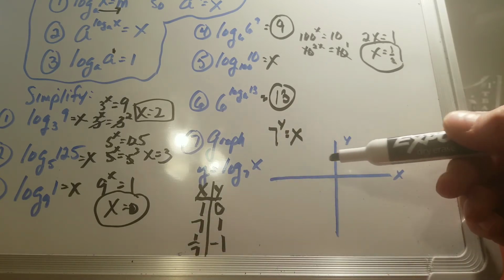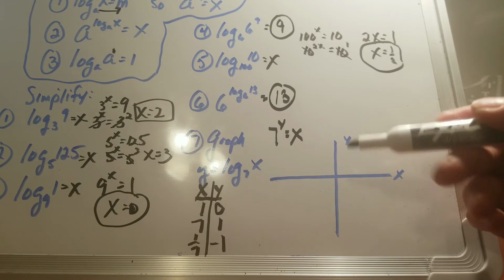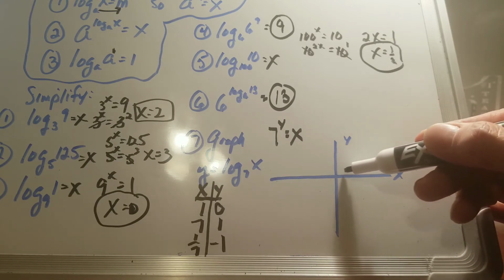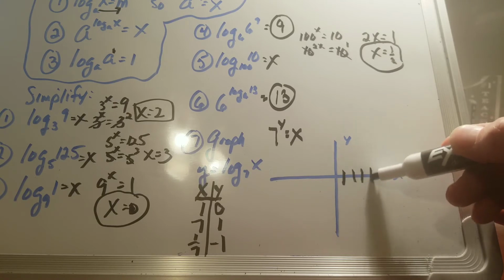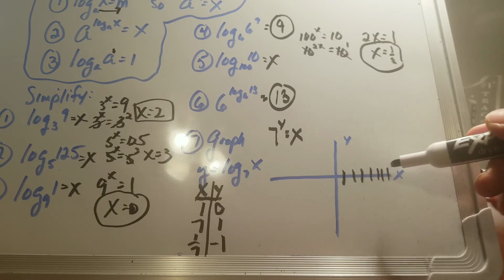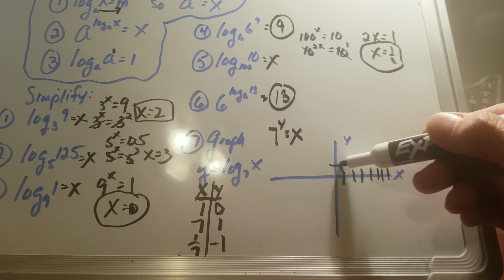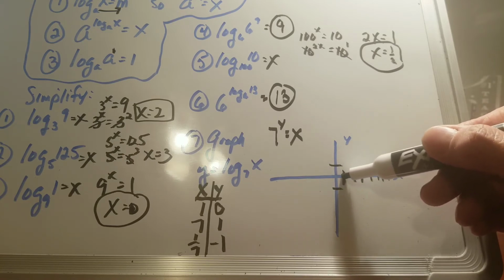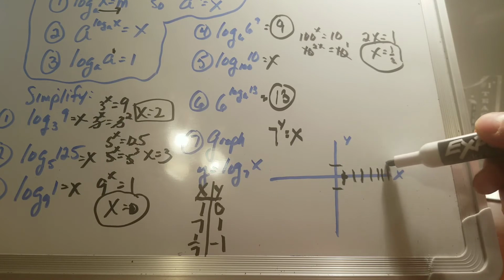Now, let's see what we got so far. I'm going to go 1 to 7, right? 1, 2, 3, 4, 5, 6, 7. And y is this and this. So (1, 0) is right here. (7, 1) is right here.